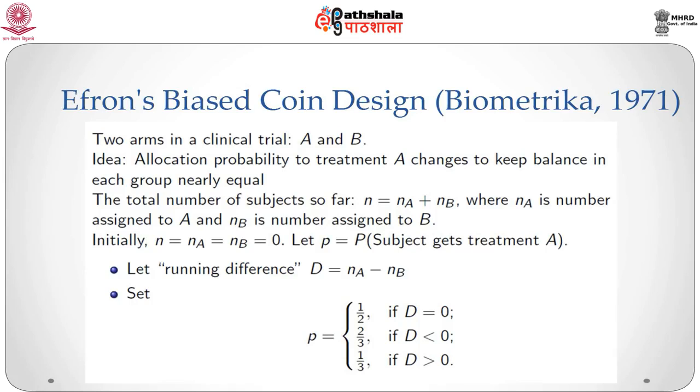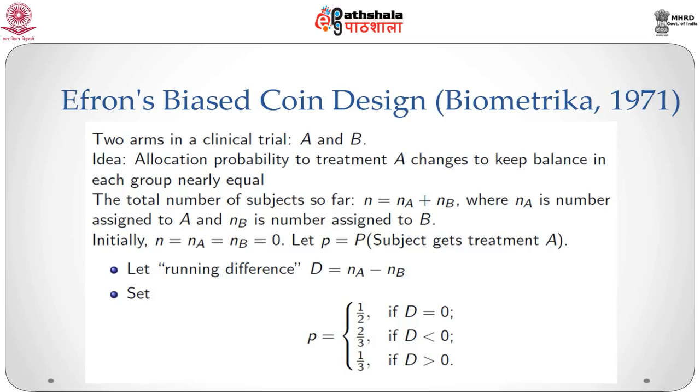So this is analogous to tossing a biased coin. Note that NA, NB, D continuously change with each new subject, and so does P. Variants of this design have been proposed, for example, the EARN designs of Wei and Lachin, which can be found in Controlled Clinical Trials 1988.